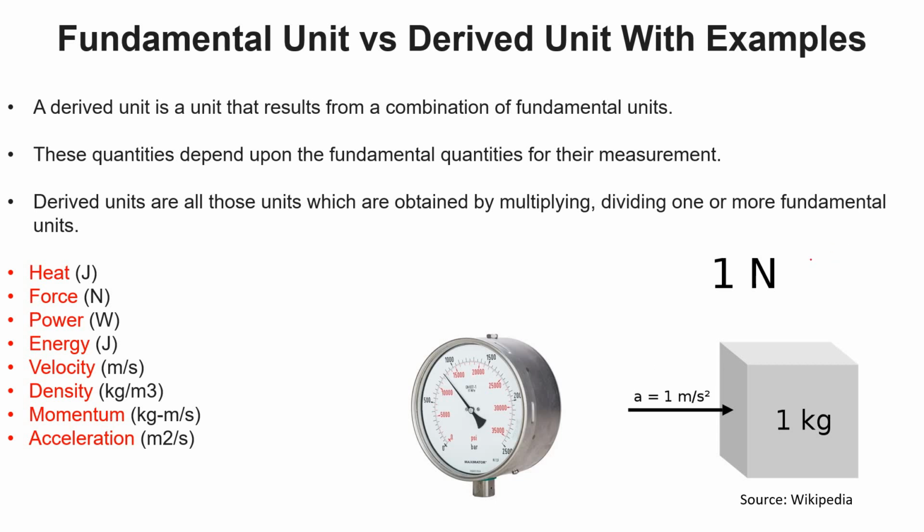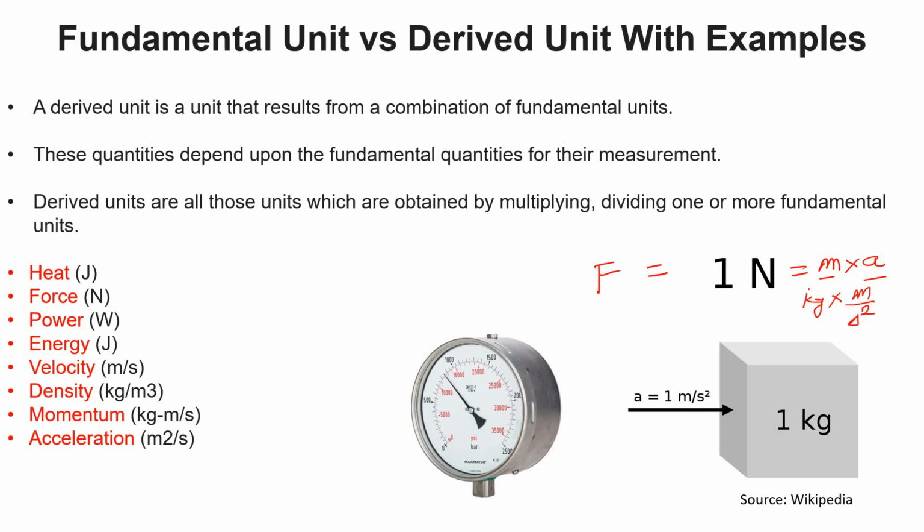Just see here, we know that the unit of force is Newton. Now what is the Newton? Basically, force is mass into acceleration. Now just break it down into units. The unit of mass is kg and the unit of acceleration is meter per second square.